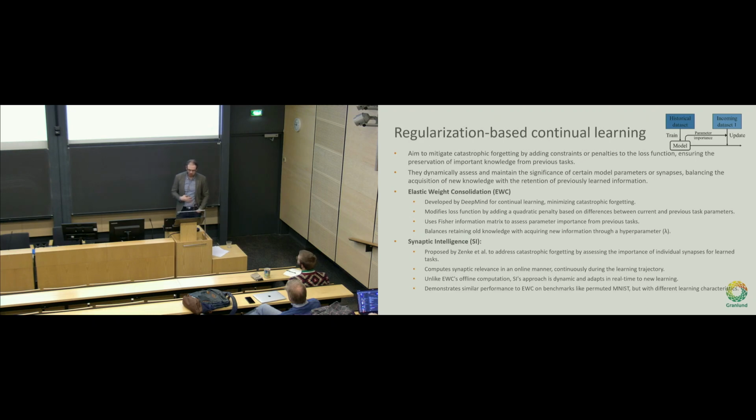So one is regularization-based. It adds constraints to the loss function and ensures the preservation of important knowledge from the previous task, or from the previous data. It can be the same task. It dynamically assesses and maintains the significance of certain parameters, and the key is balancing new and old knowledge.